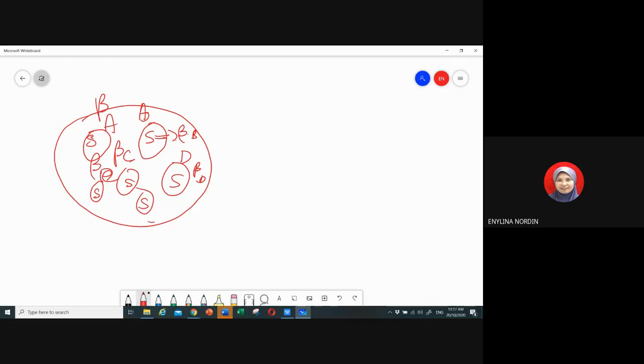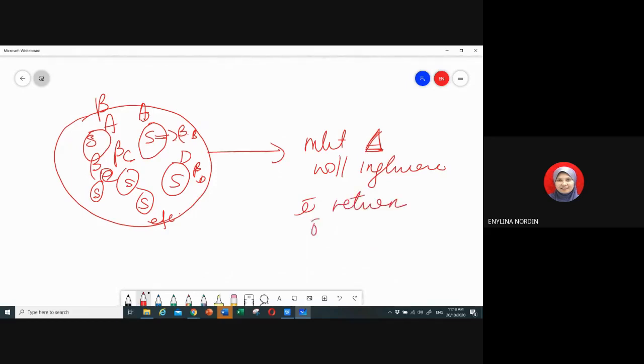Okay, jadi dekat sini, any market changes will influence the return of the stocks in the portfolio. Okay, right, how much it will influence depends on beta.